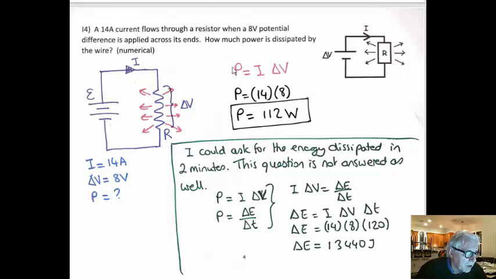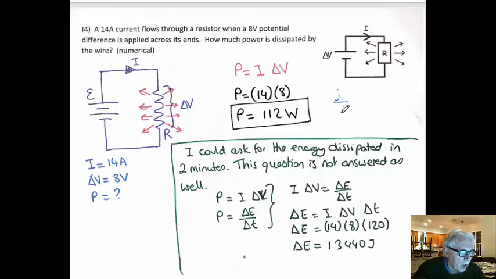Now, the equation you've got to know is that power is equal to the current times my potential difference. If I look at units, I know that my potential difference is in volts, which is joules per coulomb.